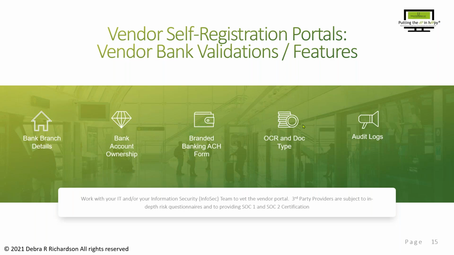But that validation is possible. And again, GIACT and Early Warning are domestic, U.S. banks, but there are others that can do international. They don't necessarily connect with a vendor self-registration portal, at least I'm not sure if they do, but they do have connections directly to your ERP.